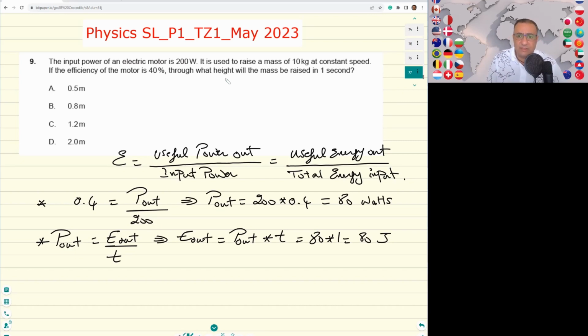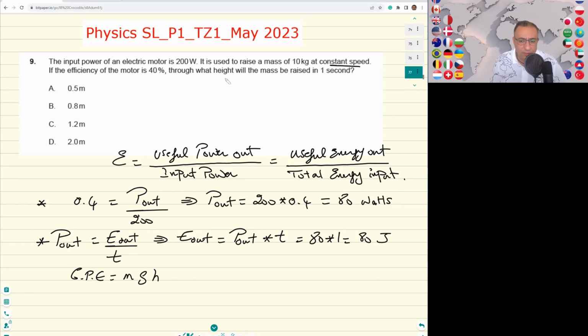Now, the mass is raised at a constant speed, which means there is no change in kinetic energy. So the main change, or the main output energy, is gravitational potential energy. The gravitational potential energy is mgh, where h is the height.